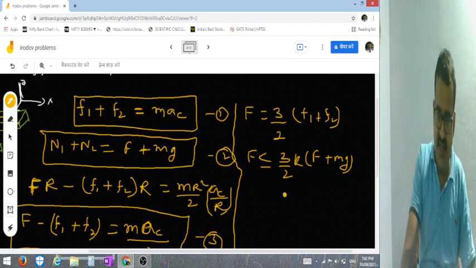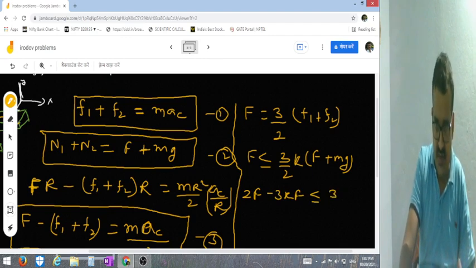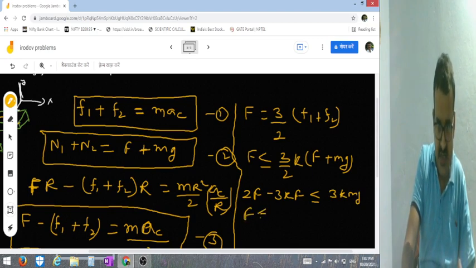After rearranging the terms, you will get 2F minus 3KF is less than or equal to 3K mg, and from there you can determine the value of force, that is F is less than or equal to 3K mg divided by (2 minus 3K).